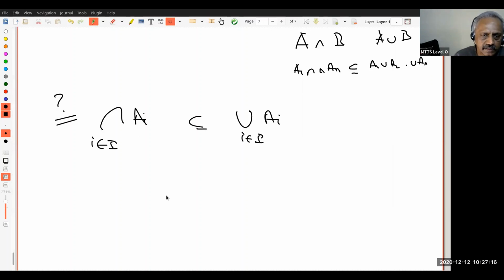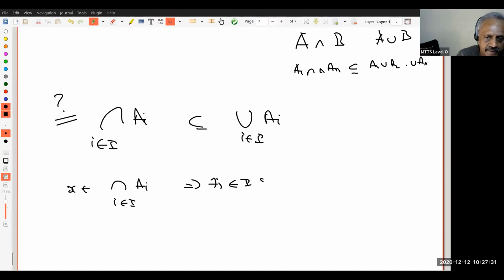But remember, we are going to make use of the fact that I is non-empty. Do you remember I said that my indexing set is non-empty? So let x belong to the intersection of A_i, i in I. That means there is a j in I, or if you want to make it i, so that x belongs to A_i. But if there is an i such that x belongs to A_i, this implies x belongs to the union of A_i.